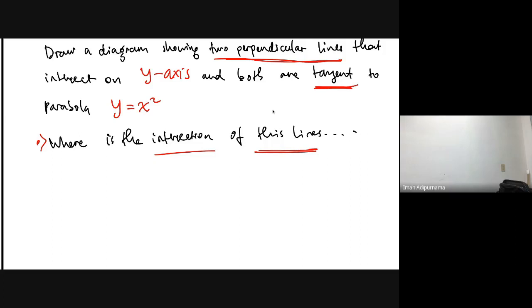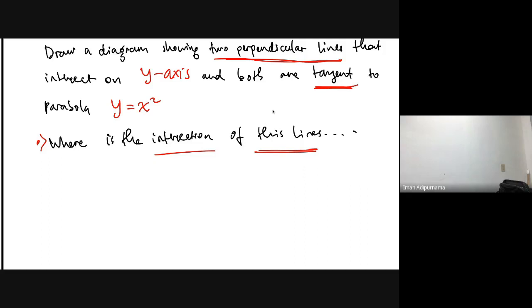So which point? Uh, for sure, half and 1/4. This point. So x is half, y is 1/4.